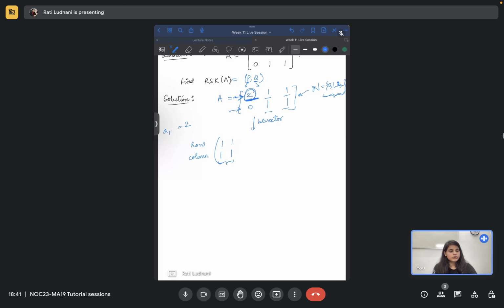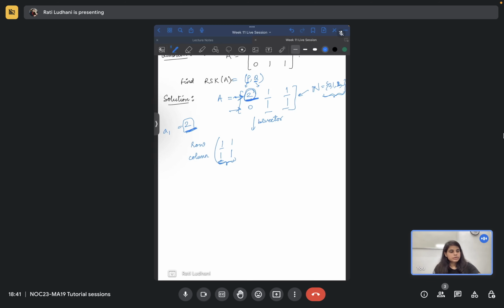So what we are recording here is the row number and the column number, and the value of that entry will tell you how many times you will write that. We will write it twice, because the number is 2. If it is 3, we'll write it 3 times, and if 4, then 4 times, and if it is 1, we'll write it only once.